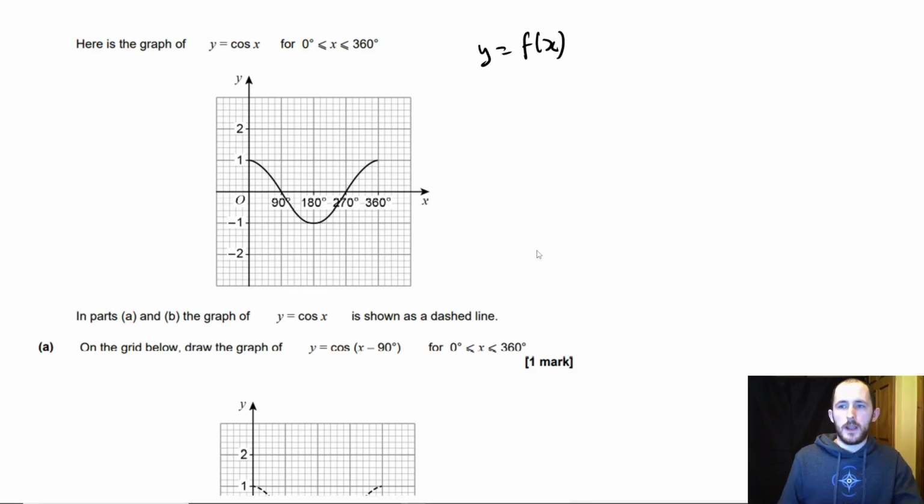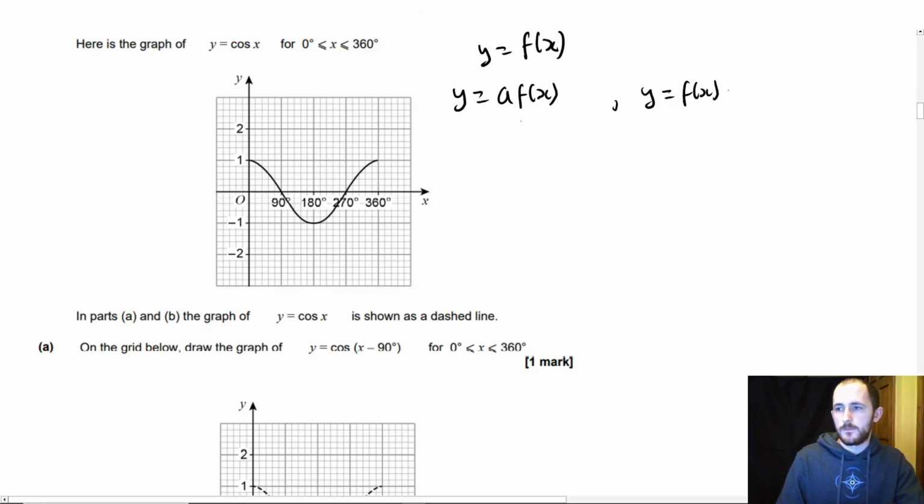So normally, y equals f of x, right? So in this case, f of x is just cos x. Now, I'm going to write out a few different scenarios. If the number is outside of the bracket, so you have either this or this, you affect y and do what it says, right?